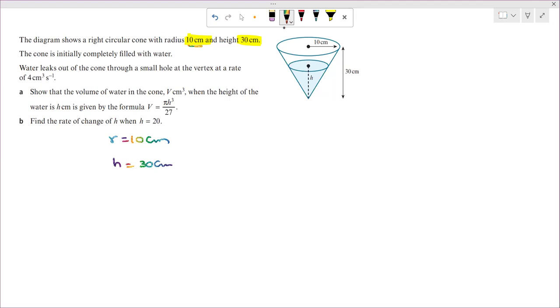Water leaks out of a small hole at the vertex at a rate of 4 cubic centimeters per second. It leaks out, so it is decreasing: dV/dt equals minus 4 centimeters cube per second. Now show that the volume of the water in the cone, when the height of the water is h, is given by the formula V equals pi h cube by 27.